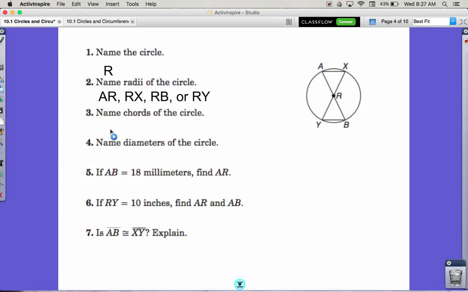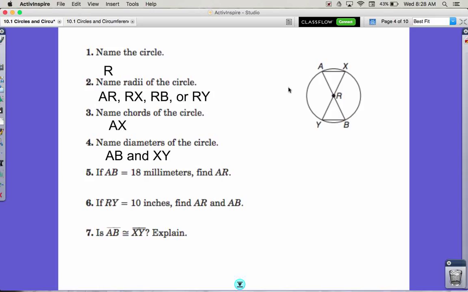Some chords of the circle are AX. You also could have XB or YB, AB, or XY. So diameters of the circle are going to be AB and XY.